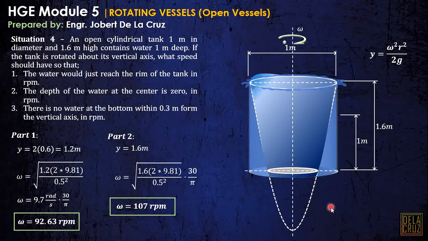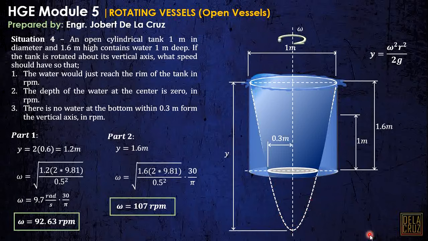Okay? Now, it is stated here that there is no water 0.3 from the vertical axis. From this one up to that one. Okay? So, take note, we should calculate the value of y in order for us to calculate the omega. Okay, ito yung y na kukunin dapat natin. This is just an imaginary paraboloid dito sa baba.